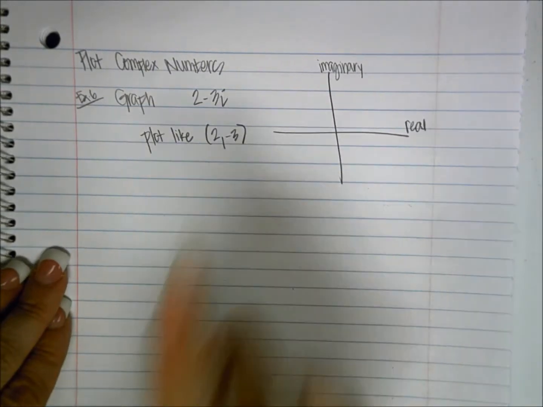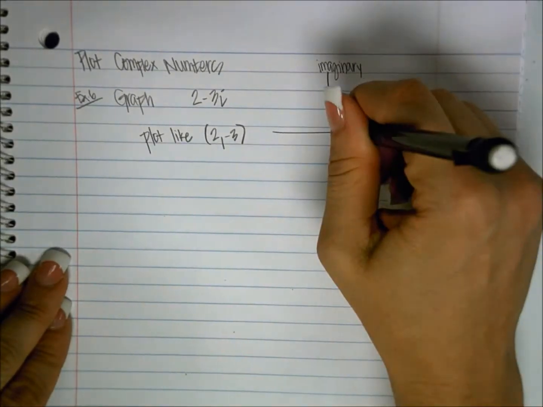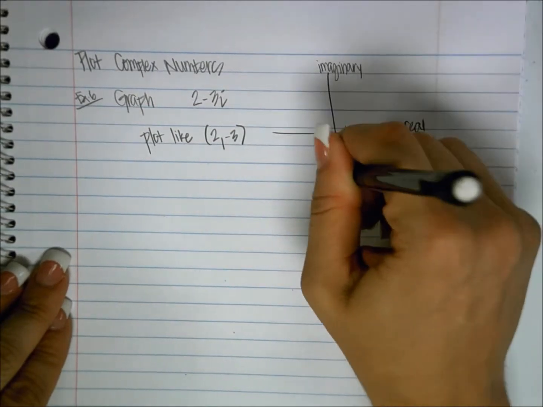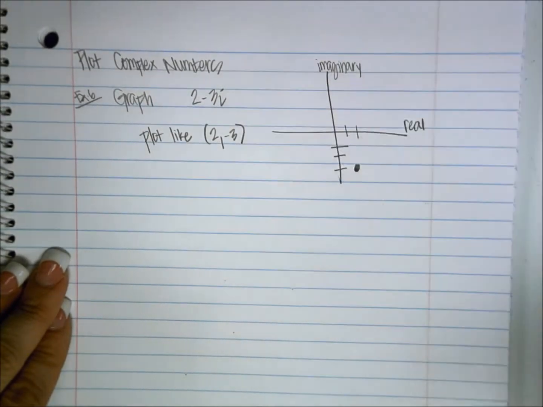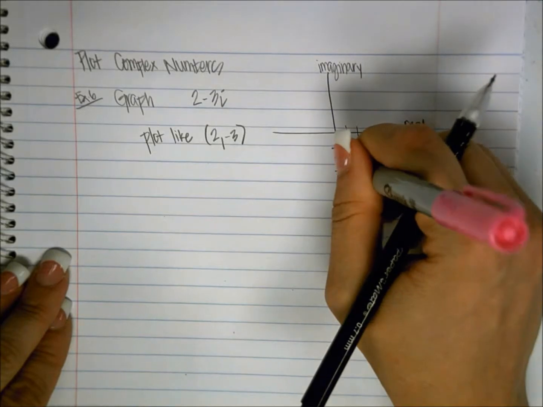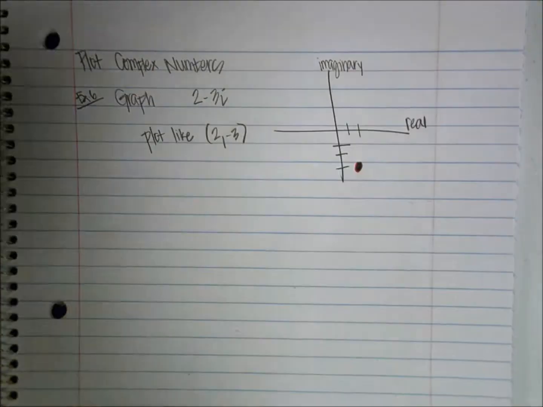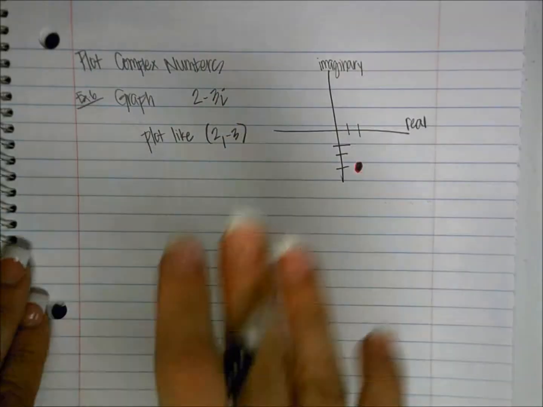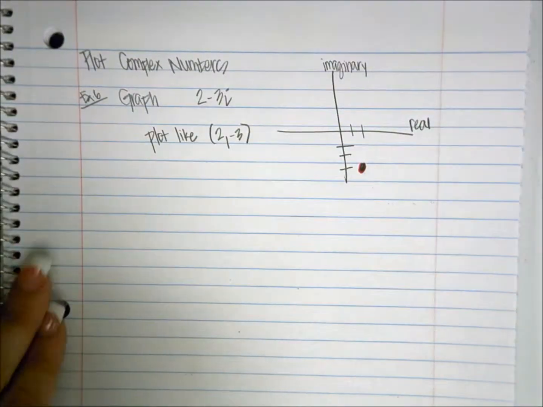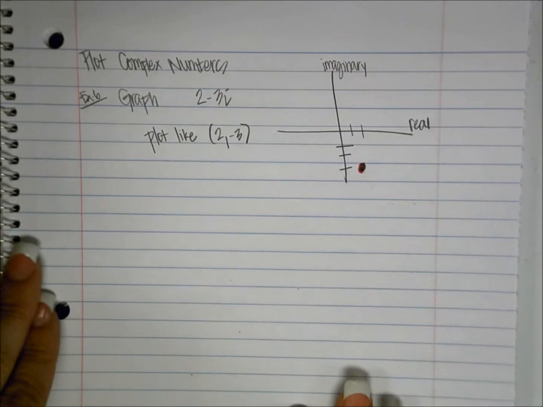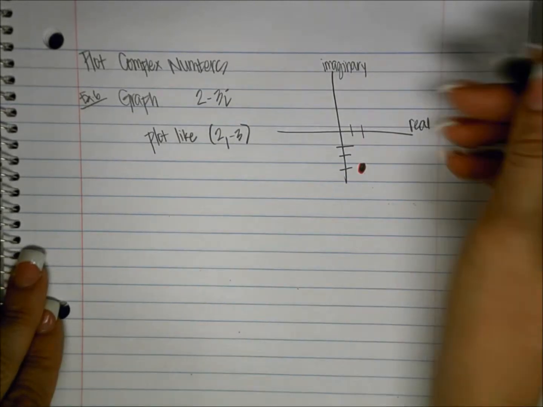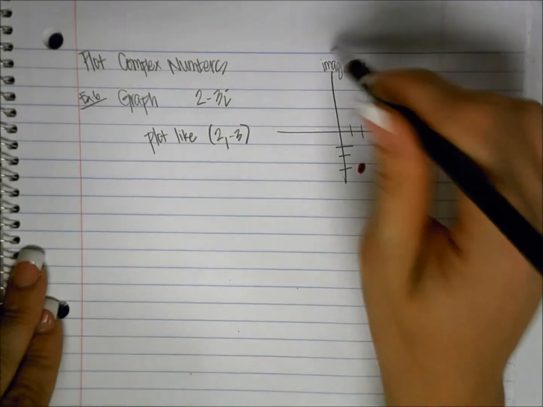So if I was going to graph this, I would plot it as over 2, down 3. And that is where your point would be. The reason we can do that is because we're basically taking a three-dimensional graph and squishing it so we can put it in just two dimensions. So they're not x and y; this is where we label real and imaginary.